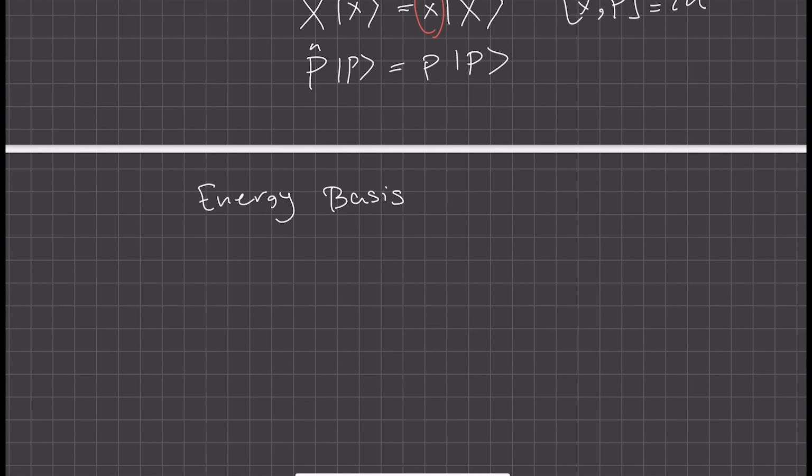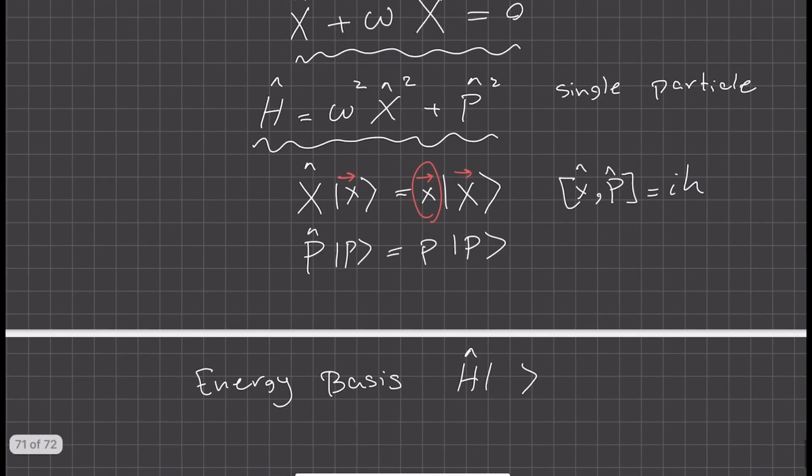The energy bases are the Hamiltonian eigenvalues and eigenstates. So the Hamiltonian operator acts on the energy states n, but I don't want to write it with n right now because we still don't know if it is an integer or a continuous index, because x and p are continuous.